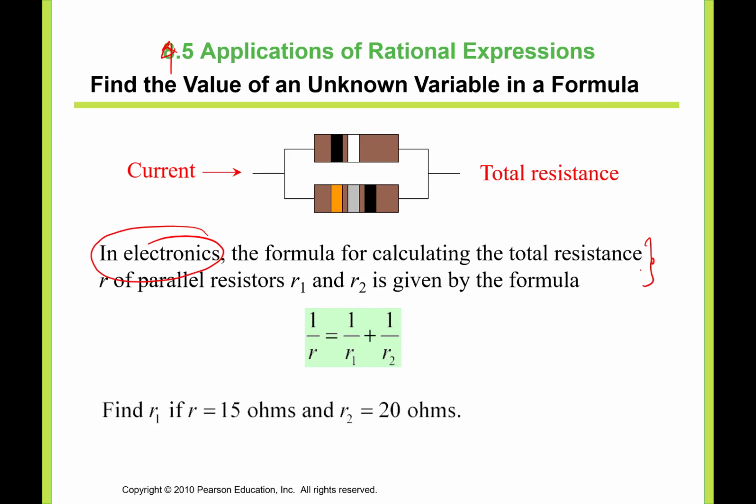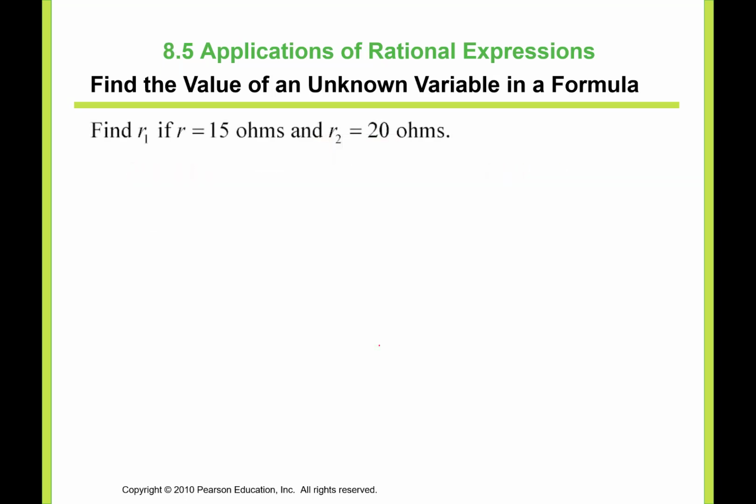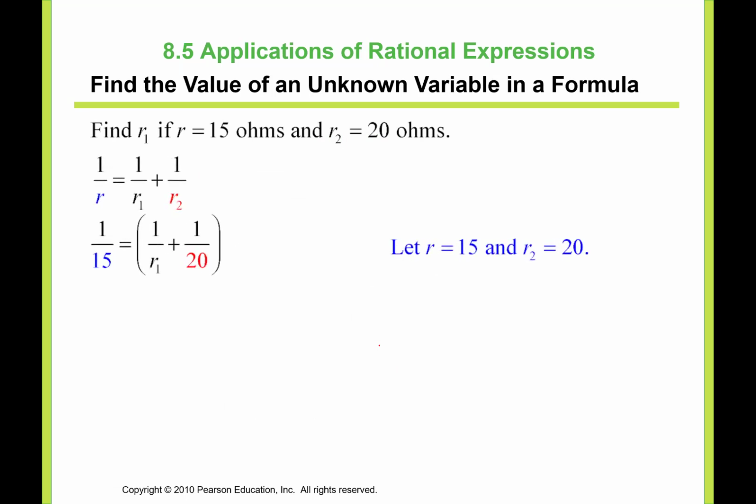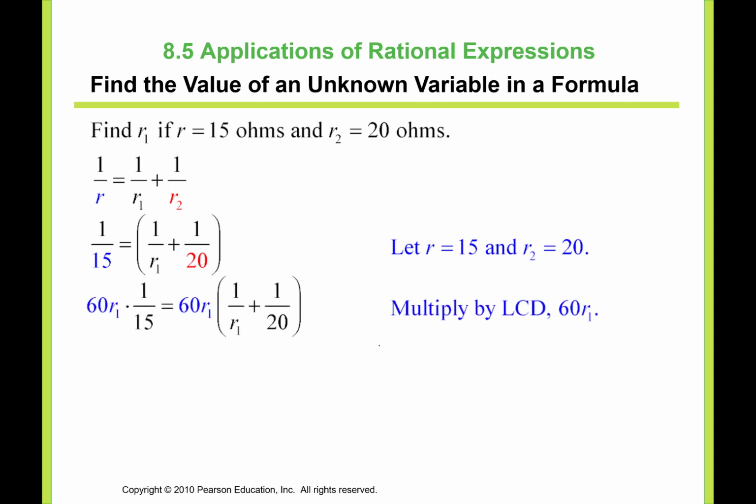Now for this simple problem, all we simply need to do is plug in for R and plug in for R2. And then from there, we can solve accordingly. So this is very consistent with what we have been doing before. We put whatever we have in the formula as usual. Once we do, what we're going to do, which is pretty simple here, is multiply throughout by the LCM.